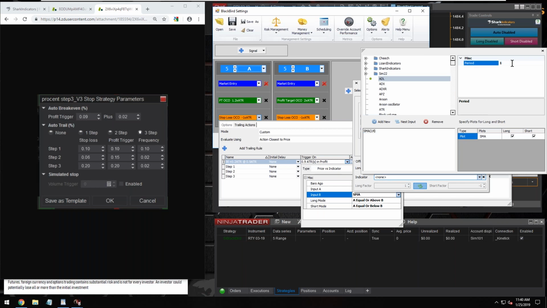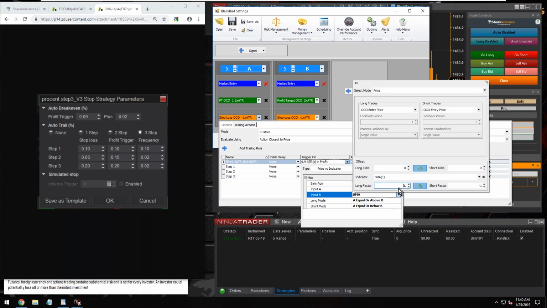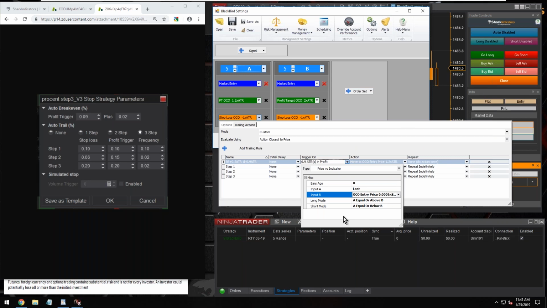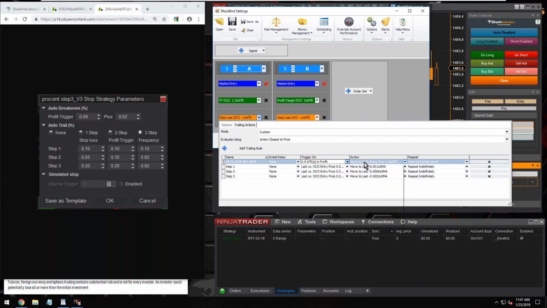Let's set it to a 1 period. And now the offset is 0.0. Let's delete that. 0.0009. Yeah. Okay, 3 zeros and a 9. There we go.